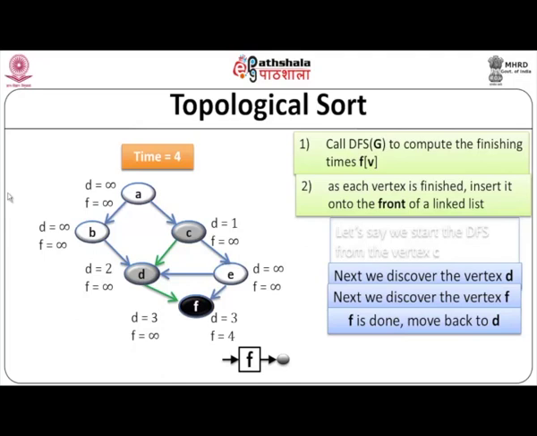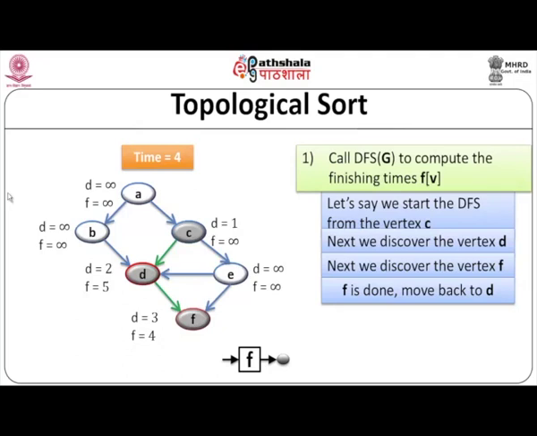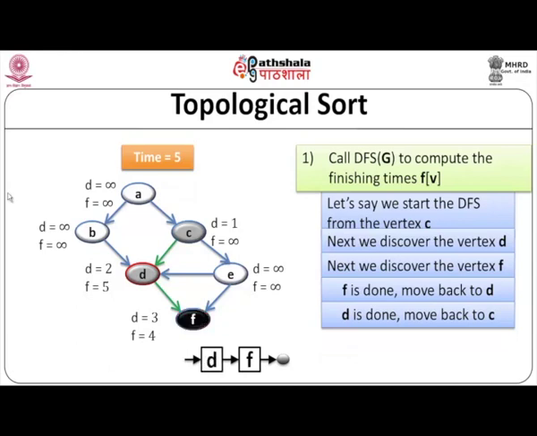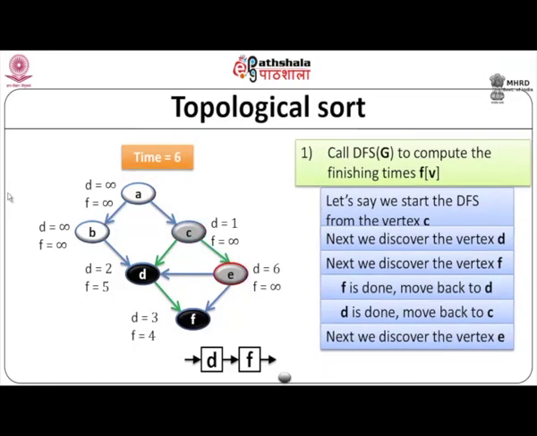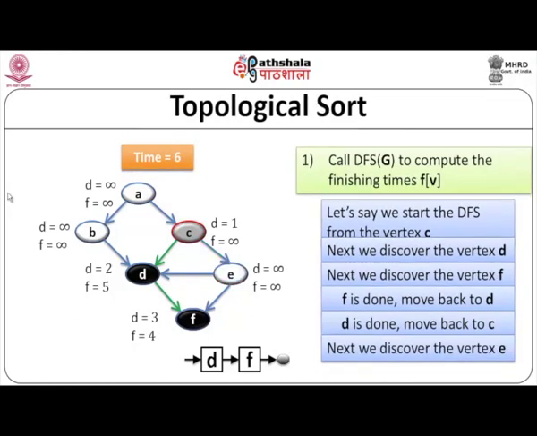So, when you move back to D, the time advances. Now, D is done, and we have to move back to C. Once you move back to C, the time changes accordingly.